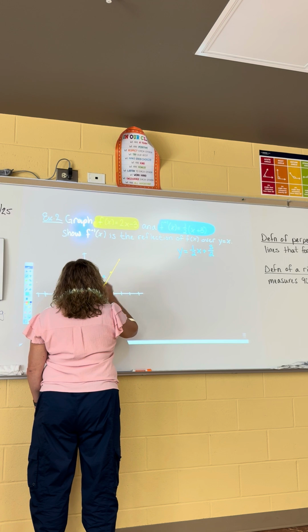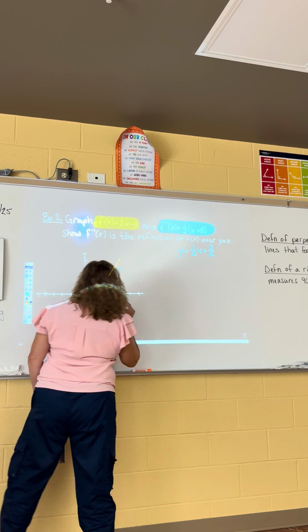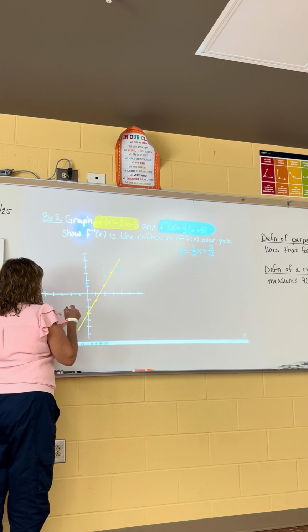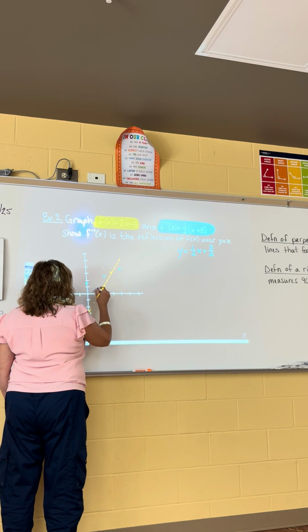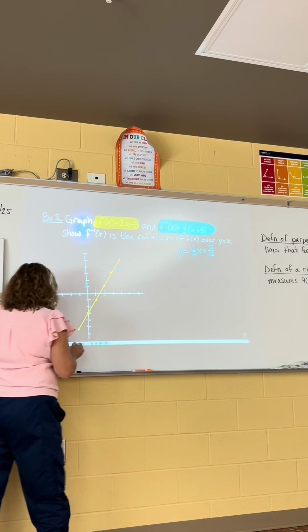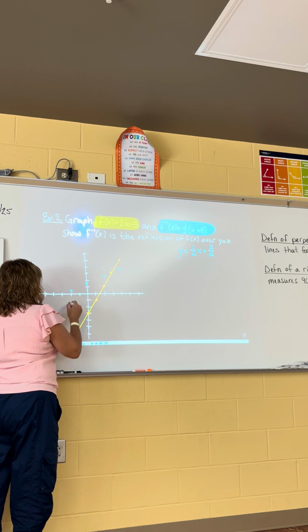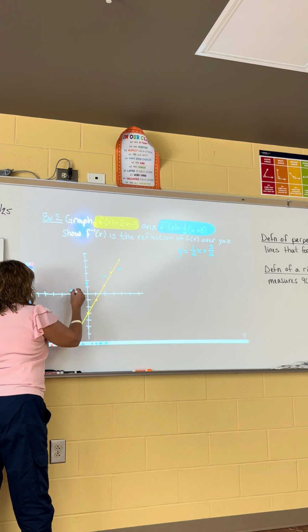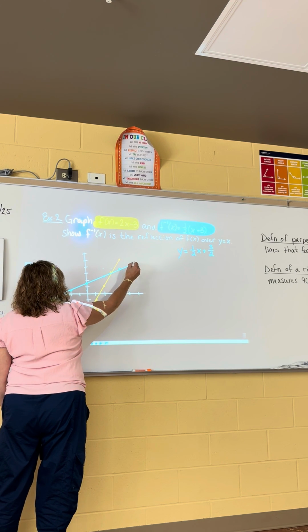Wait, did I do that right? Down 1, run 2. I have to go backwards too. Down 1, back 2. Okay, now, let's go on this line. We did it.